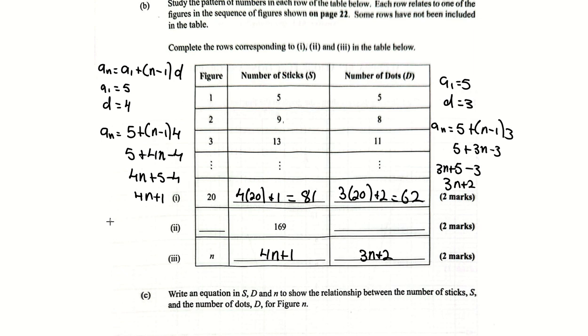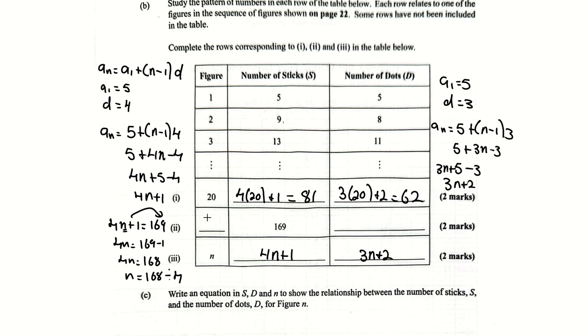Right, then for this we kind of have to work backwards. We know that the formula 4n plus 1 would give you 169. You want to find out n, or the figure number. You carry this across, that's 4n is equal to 169 minus 1. So 4n is equal to 168. So n would be 168 divided by 4. 168 divided by 4 is 42.